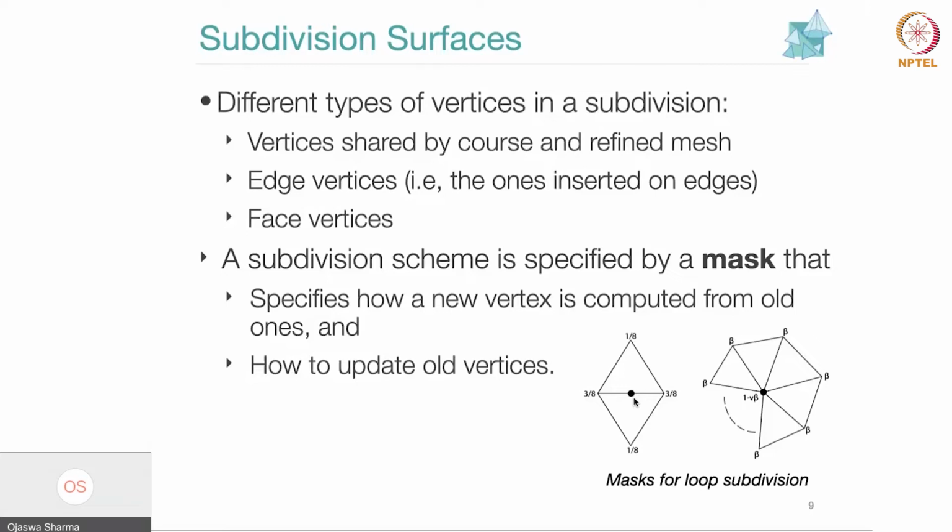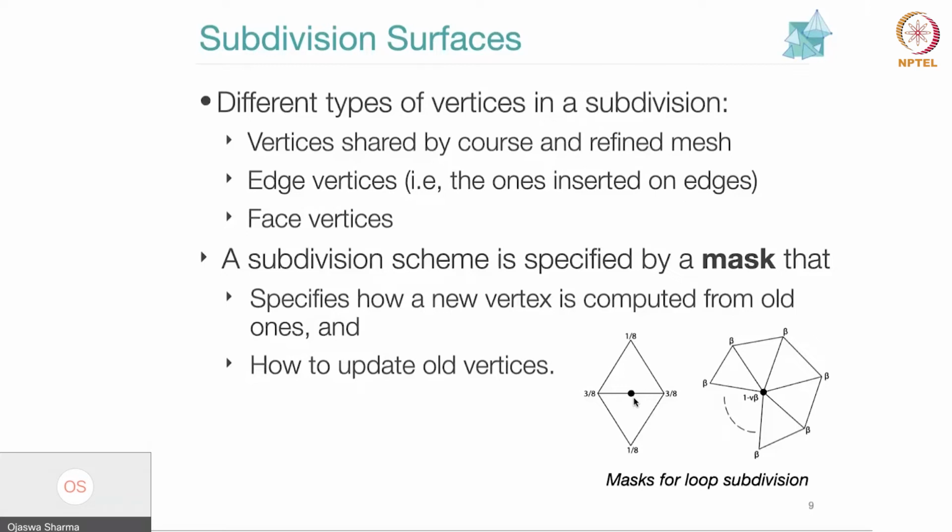And if there is a face vertex that is inserted, you will have a mask for a face vertex. So this mask is nothing but a configuration and weights for the old vertices that will be combined to generate a new vertex, which could be a new edge vertex or a new face vertex.